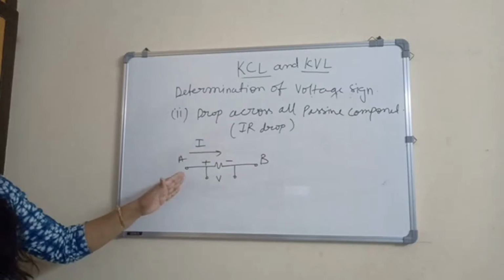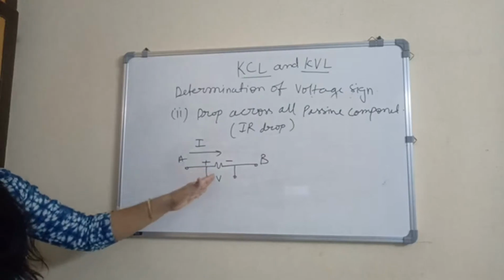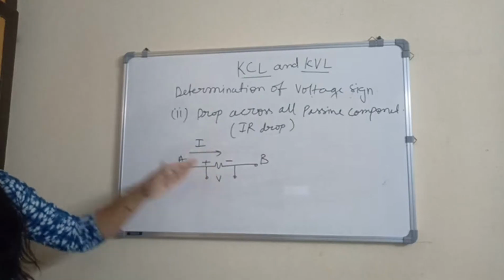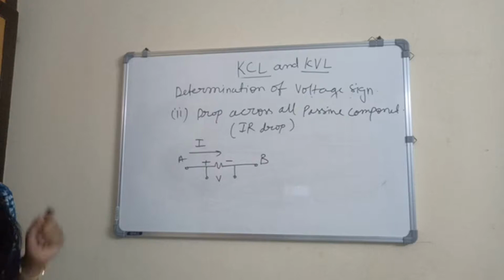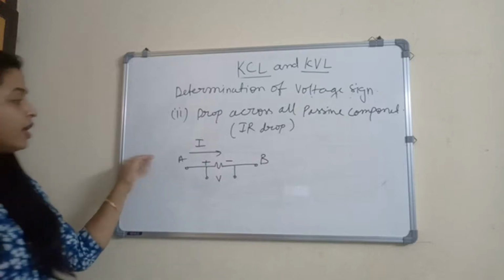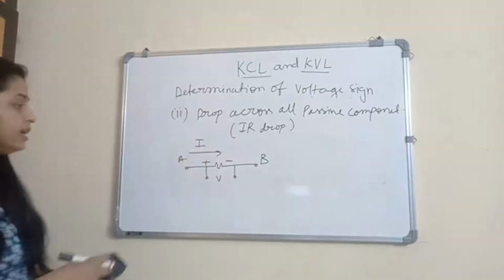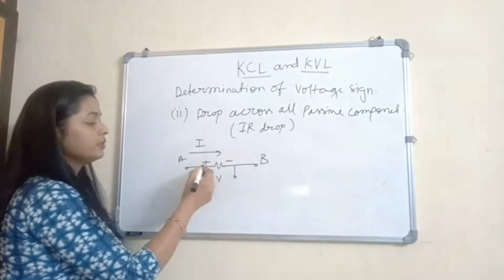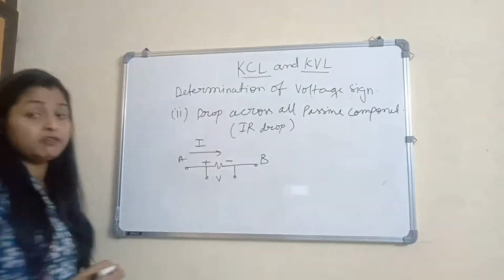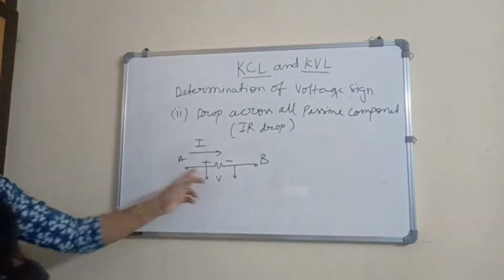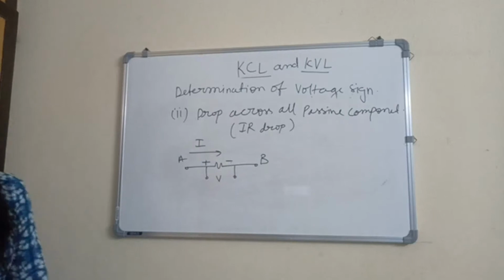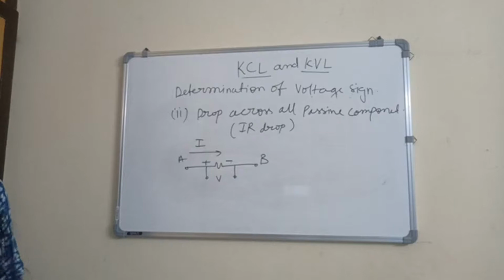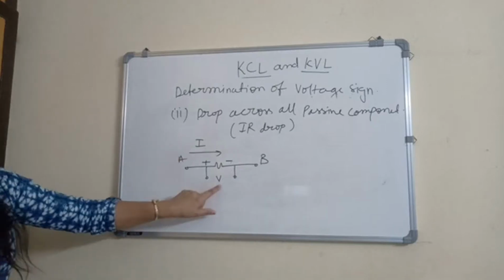So when I start measuring the voltage across this resistor, first I need to check the flow of current, whether it is this side or this side. Let's take an example: if the flow of current is from plus to minus, and we know that when we move from plus to minus, the voltage is always negative, if you remember. It means the fall in voltage. Here we can see the fall in voltage.